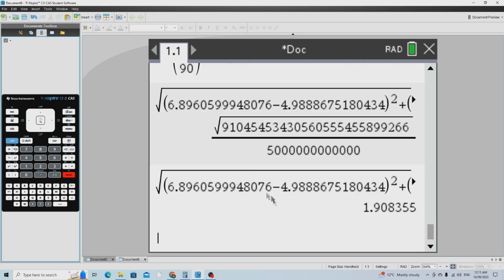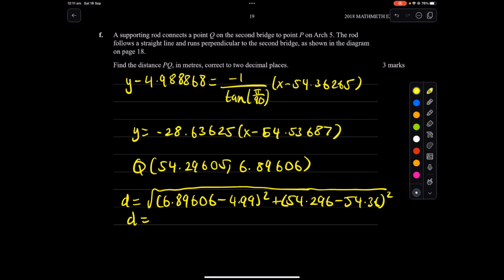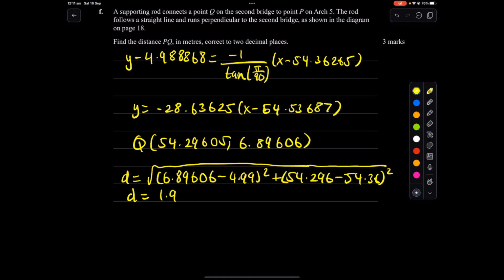Control Enter, and this is your value. Wow, that took long. To 2 decimal places, that's 1.91. Yeah, that's your distance, actually.